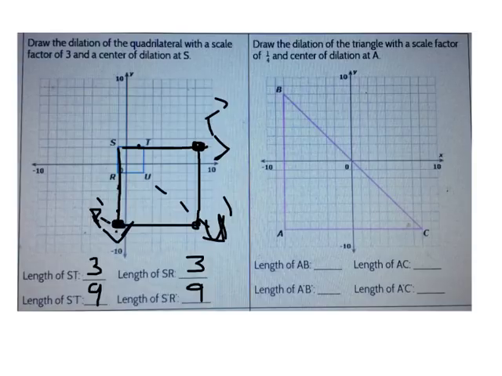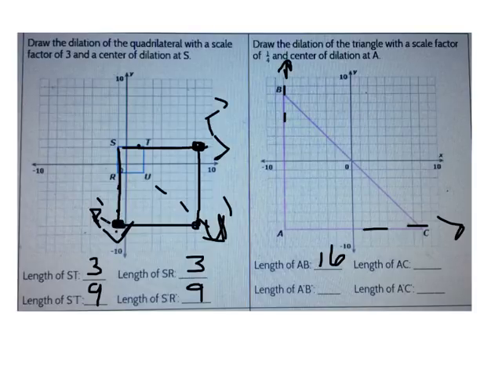Now let's draw another one. Draw the dilation of the triangle with a scale factor of 1/4 and a center of dilation at A. This time we're going to be reducing the triangle along straight lines toward A. What's the length of AB? The length of AB is 16. What's the length of AC?